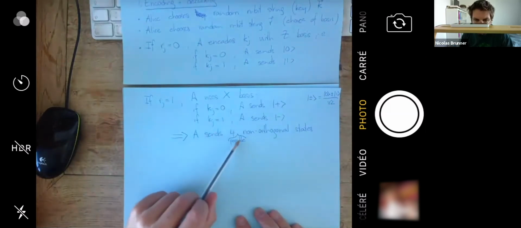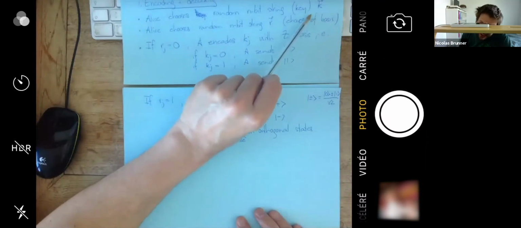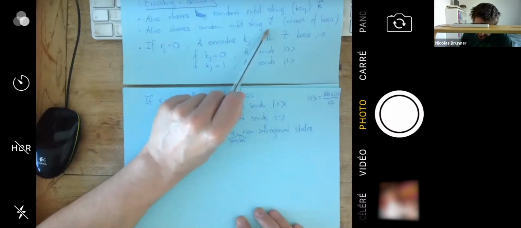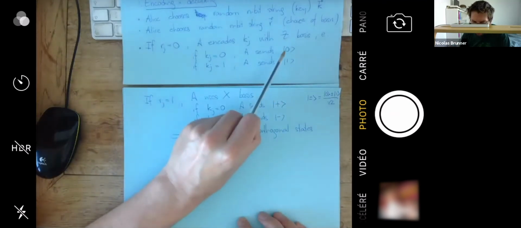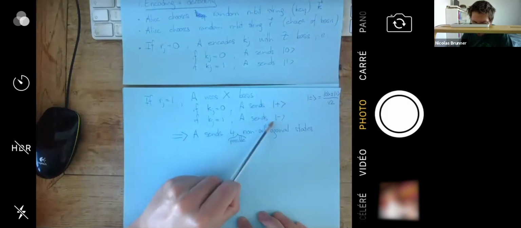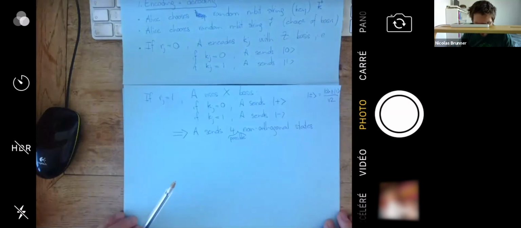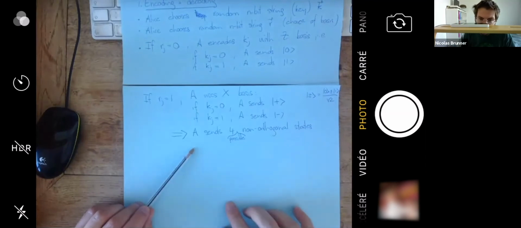But from the point of view of Eve, who knows neither the key nor the choice of basis, she receives 1 out of 4 states, 0, 1, or plus, minus, and she doesn't know which one that is. Because they are not orthogonal, we already know that Eve cannot tell deterministically which one it is.